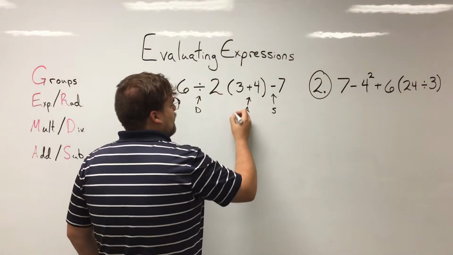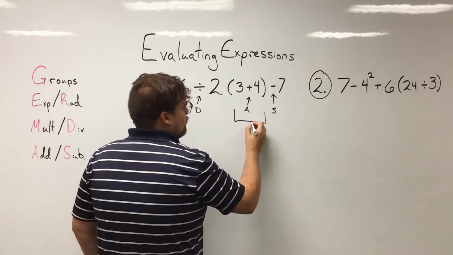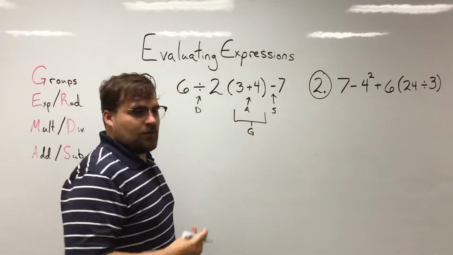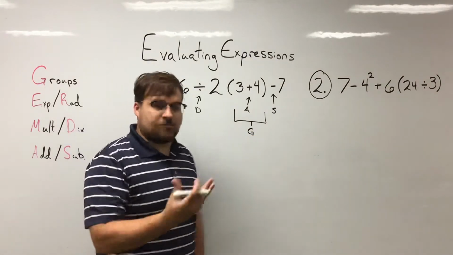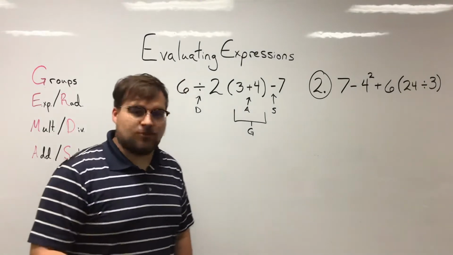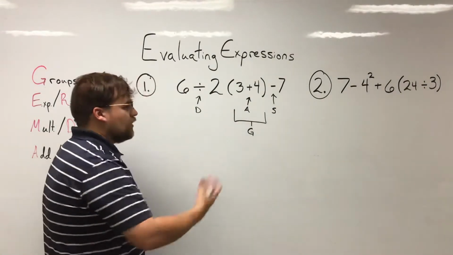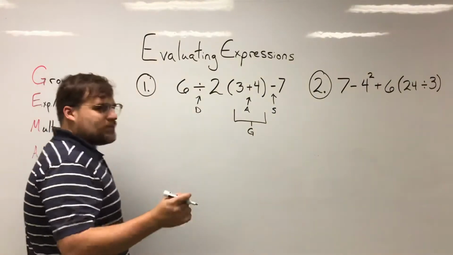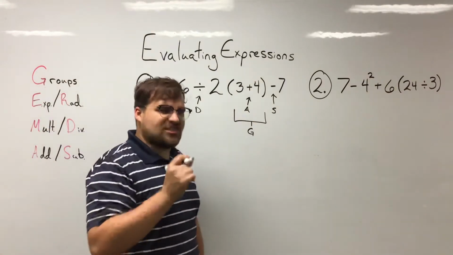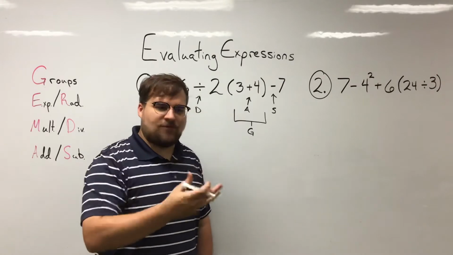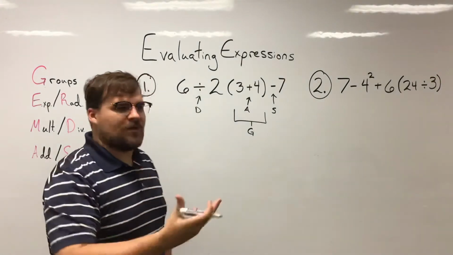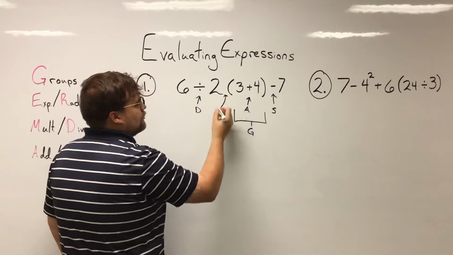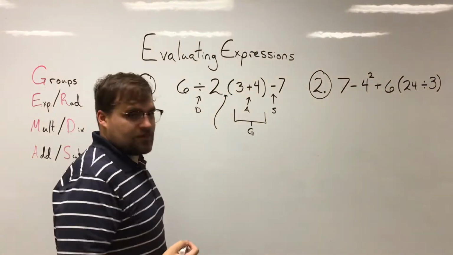We have this set of parentheses. Well, that set of parentheses is a group, right? Parentheses, a set of brackets, or a set of absolute value bars is all going to be considered a group when evaluating expressions. And then we have one other operation that's happening that we don't really see the symbol for, but we know is there, and that's happening right here between that 2 and the parentheses.